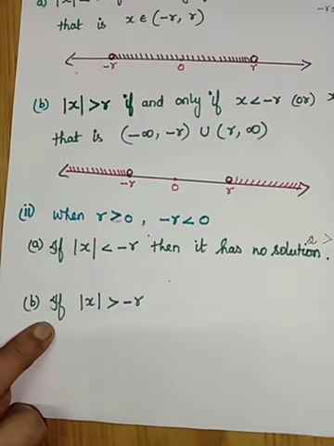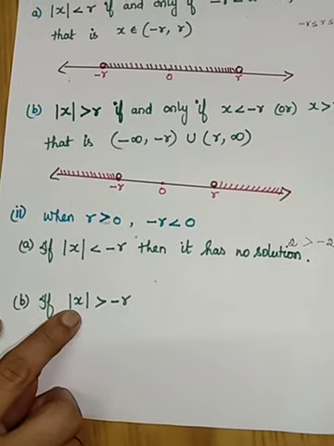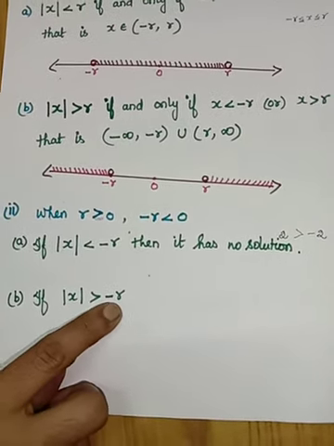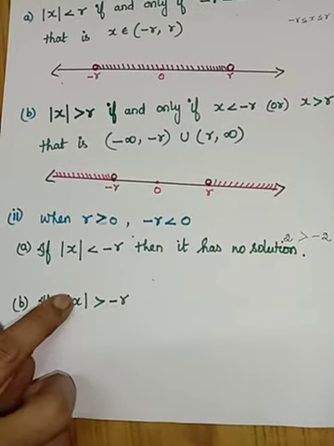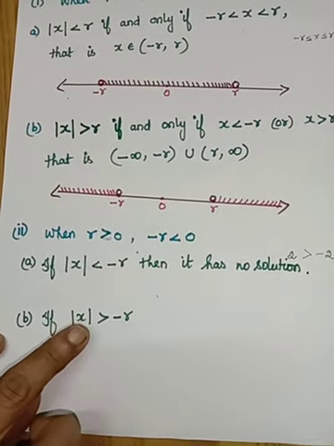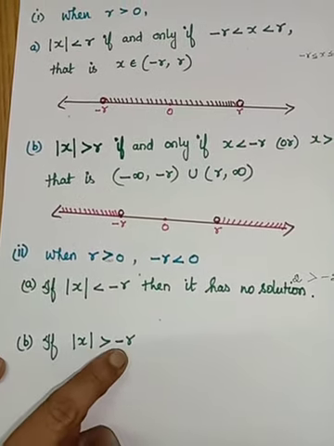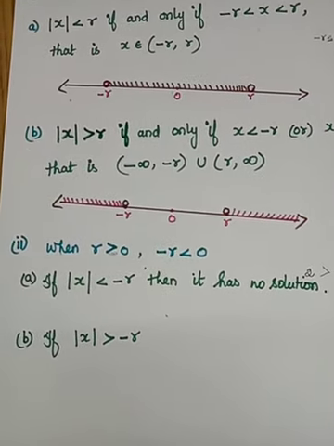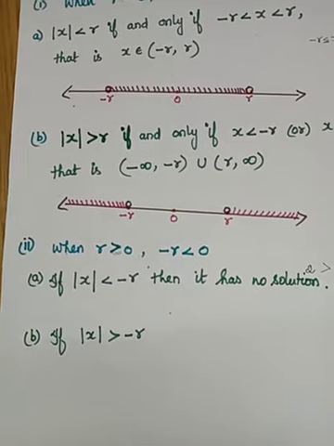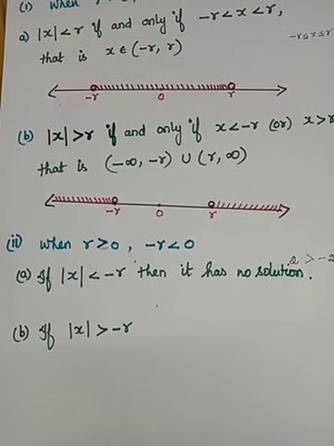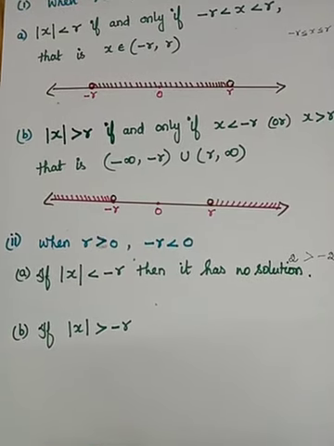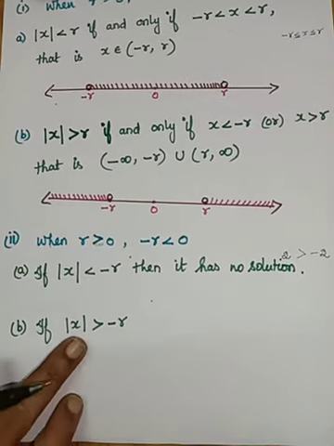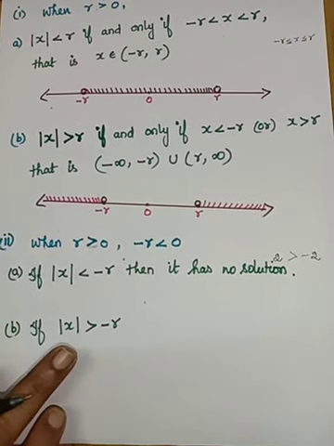Come to the next one. Your modulus of x greater than minus r. So I have said modulus of x is positive. Okay, this is a positive number, and here it is a negative number. So all the positive numbers, how should it be? It is greater than the negative number. So all the real numbers satisfy this condition.